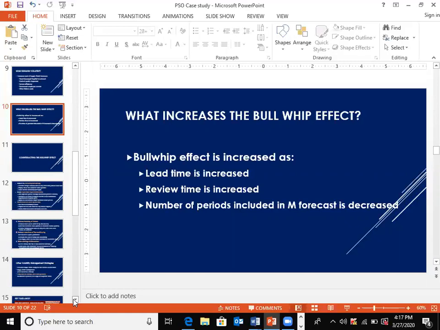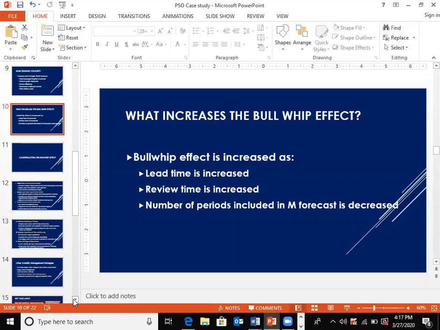So generally speaking, if you're efficient and quick, and your lead time is low, your bullwhip effect is going to be low. If you're constantly checking what the situation is in the market and you're manufacturing accordingly, the bullwhip will be reduced.